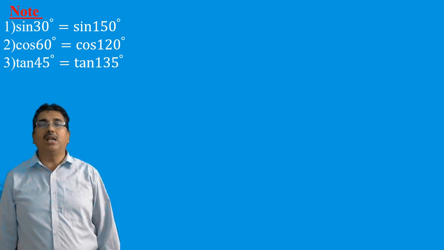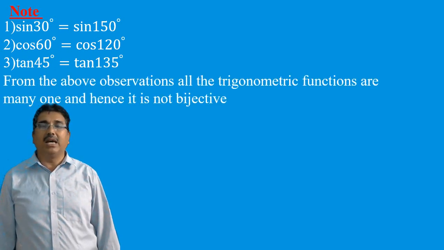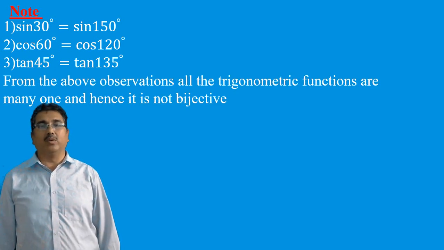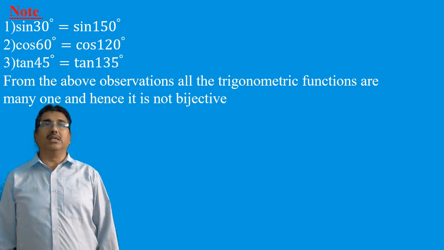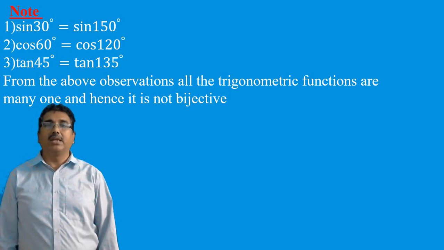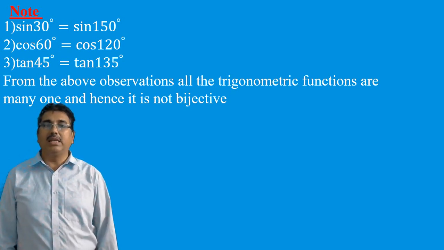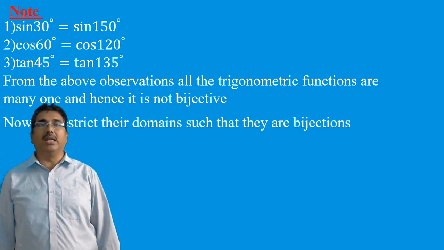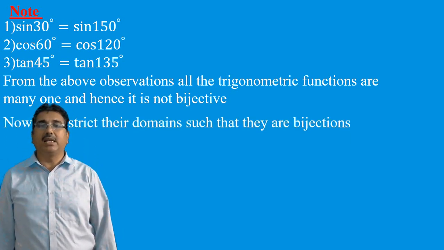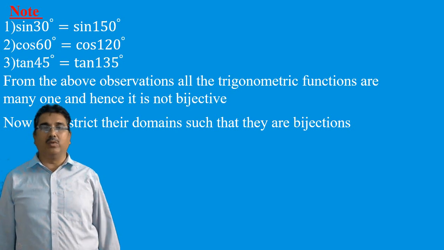Therefore, all the trigonometric functions are many-one and hence they are not bijective. So now, how to define the inverse? In this situation we restrict their domains such that they are bijective.